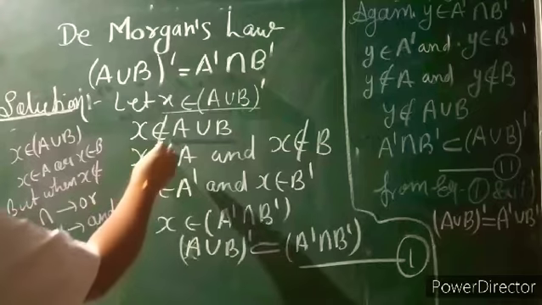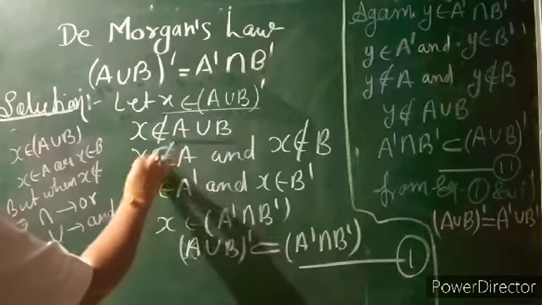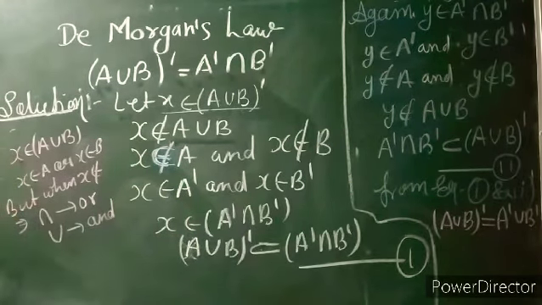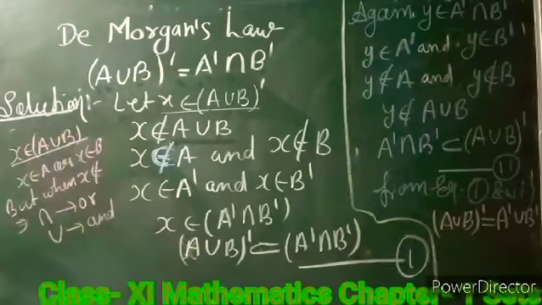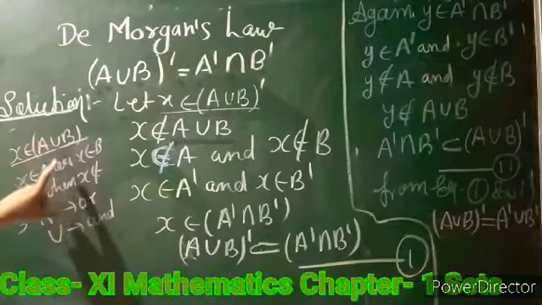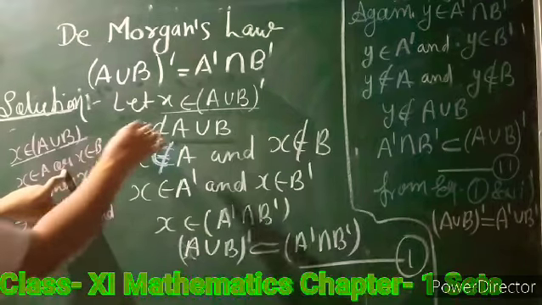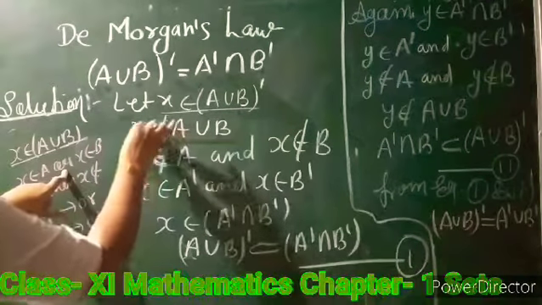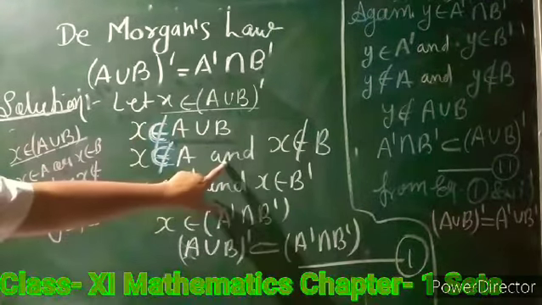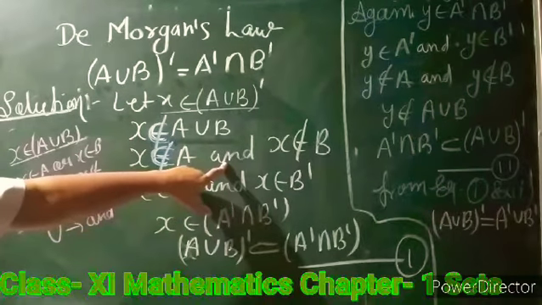Because of this not belonging to, you see, if X belongs to A union B, we write here in place of union, or. But here, because of this not belonging to, we write here and. Just opposite in this case.